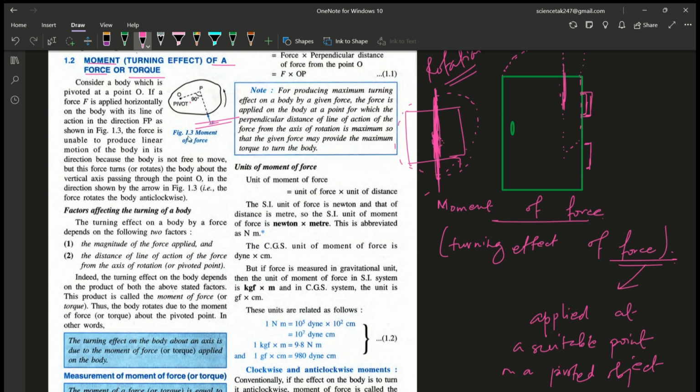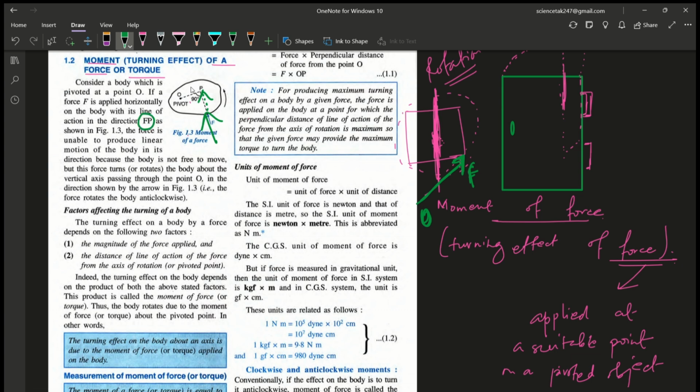Here there is a force applied this way, right? The line of action of force is the direction in which the force is being applied. In the case of my notebook, this OF is my line of action of force, whereas in my diagram 1.3, you see that this is your line of action of force, which is FP. What is your line of action of force? FP.